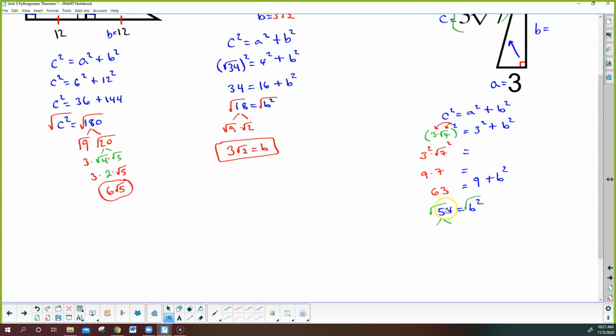That's 1.5. That doesn't go in evenly. So I'm going to take the next biggest perfect square. I know 25 isn't going to work because it doesn't end in a 0 or a 5. What about 16? No, 16 doesn't work. Okay, well, 54 divided by 9.